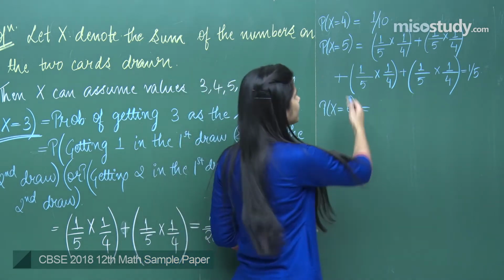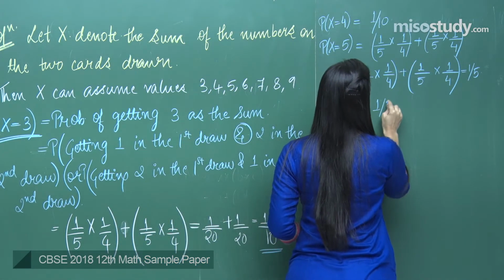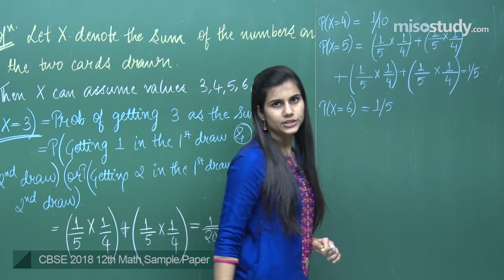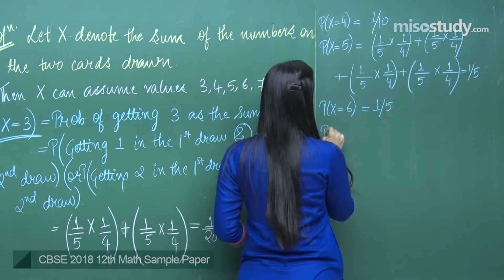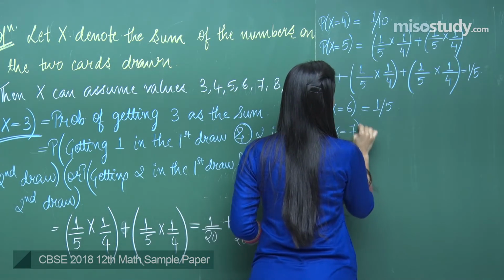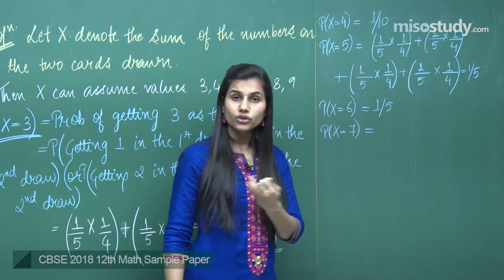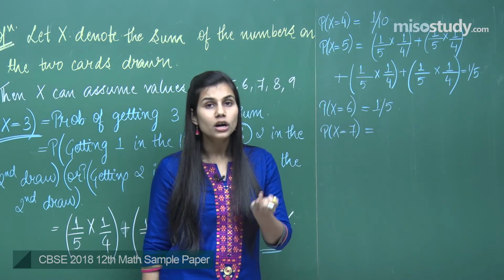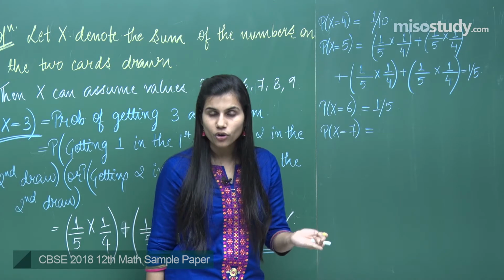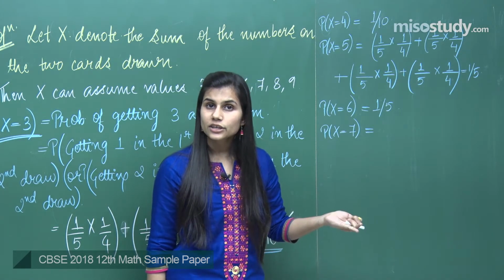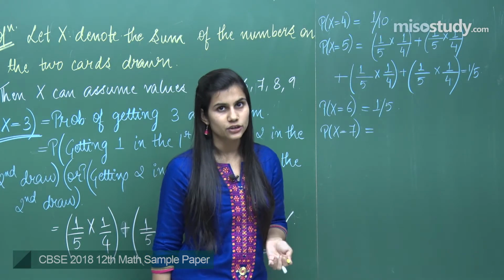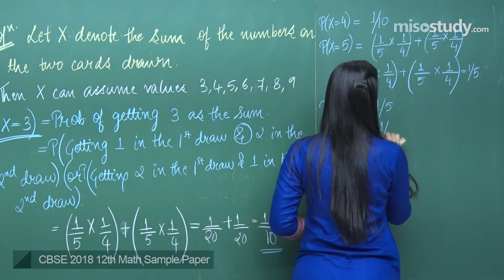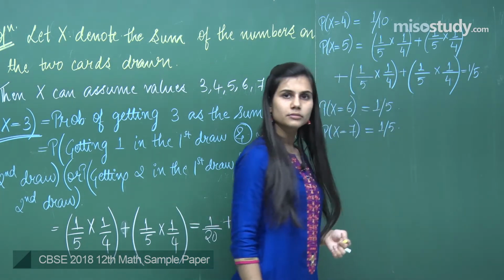Add all of them up, exact same expression. This is what you're going to get. If I talk about probability of x equals 7, again 3 in the first draw, 4 in the second draw, 4 in the first draw, 3 in the second draw, 5 in the first draw, 2 in the second draw, 2 in the first draw, 5 in the second draw. That is again going to deliver me with this.